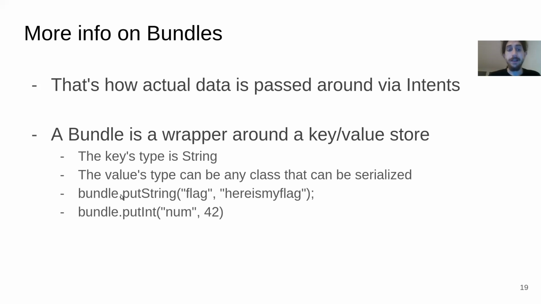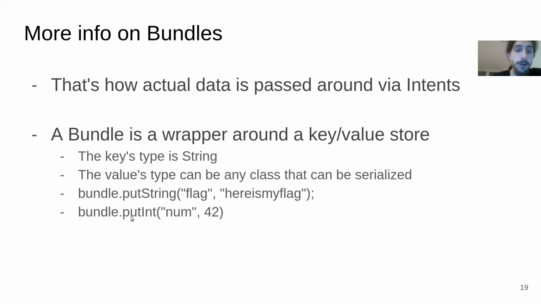Then you can do something like this. Let's say you have a bundle, you can do putString with the key flag and the value "here is my flag". You're adding a key-value entry, where the key is the string flag, and the value is the string "here is my flag". That's how you put a string as a value. Again, the type refers to the value; the type of the key is always a string.